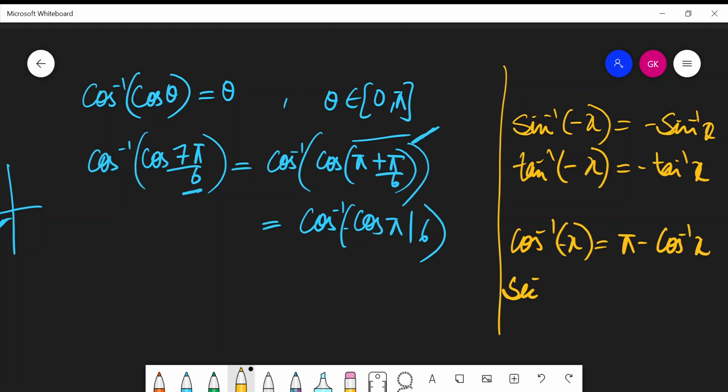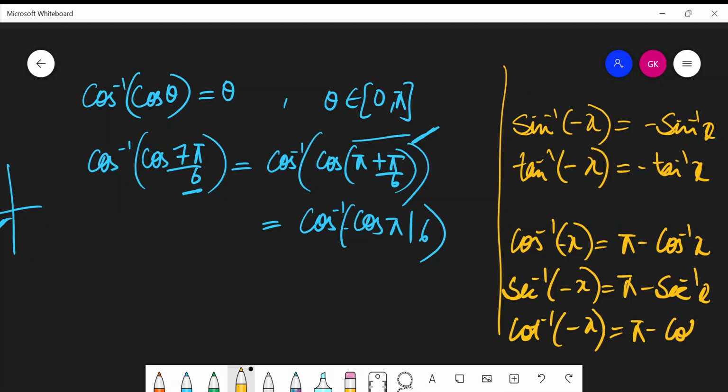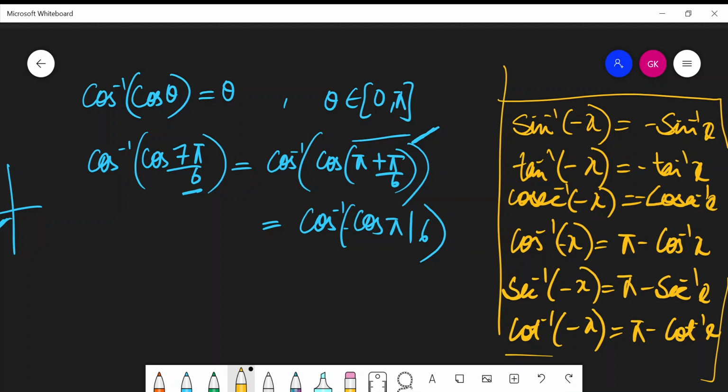Similarly, sec inverse is also with pi minus sec inverse x, and cot inverse is also with pi minus cot inverse x, and cosec inverse of minus x is equal to minus cosec inverse x. You should know this set of formulae also.